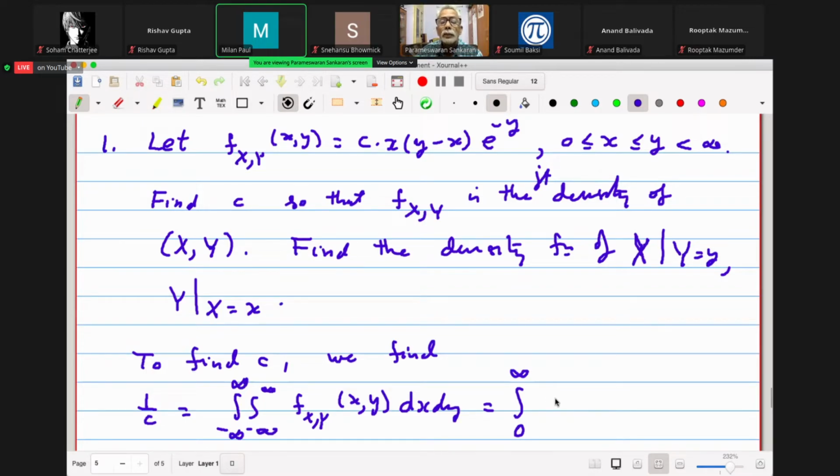I think that doing x first will be easier. Okay, let's do it that way, first with respect to x. So it's better to shade this region. It's only in the first quadrant, and that too, x is less than or equal to y. So it is like this. This is the region that you get here. y is bigger than or equal to x.